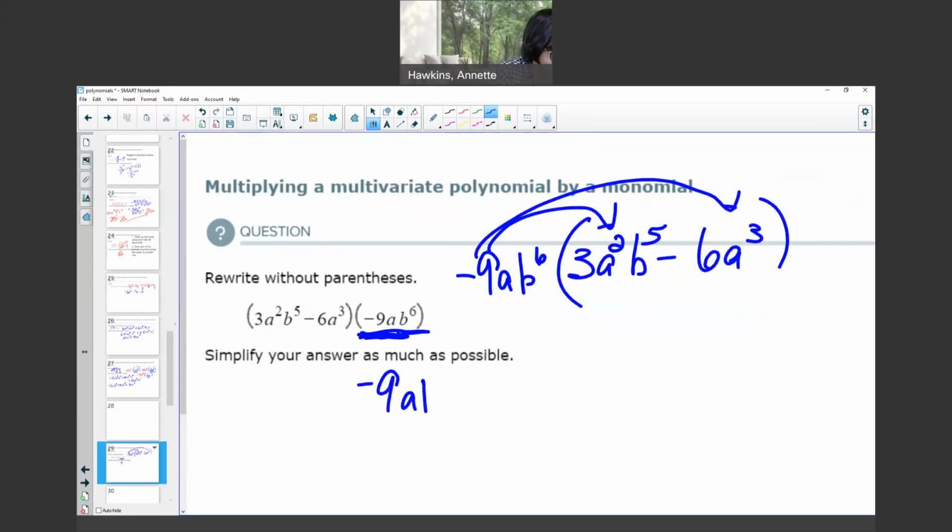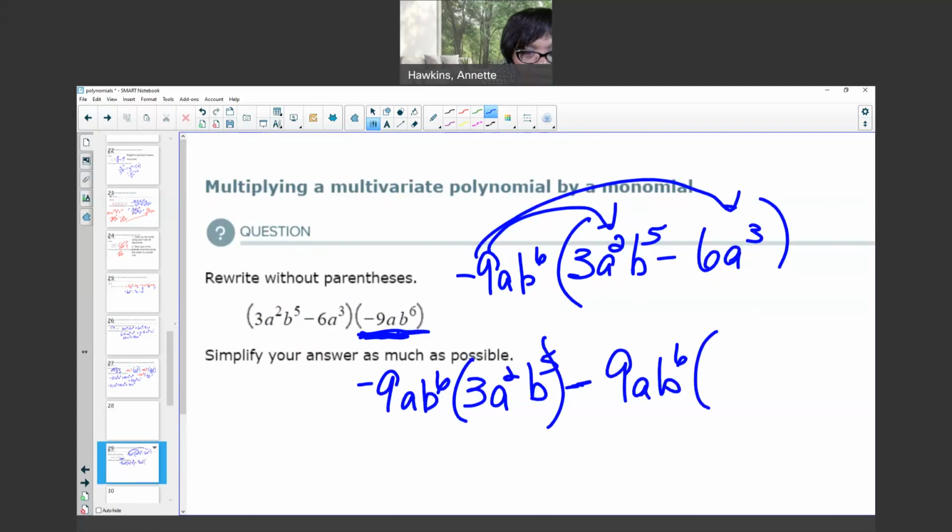Negative 9ab to the 6th, 3a squared b cubed, 9ab to the 6th, negative 6a cubed. Okay, so this is distributed to everything on the inside.